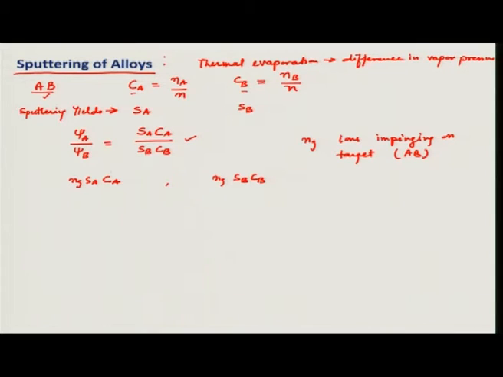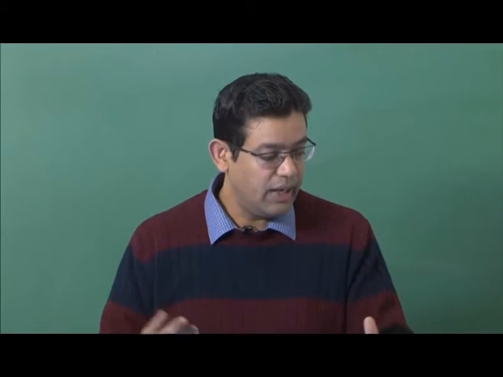Now, say after a certain time t, let us assume that Sa is much greater than Sb. So, more of A is being sputtered. If more of A is being sputtered from the surface of the target, then my target is getting richer in B. So, my concentration will change.